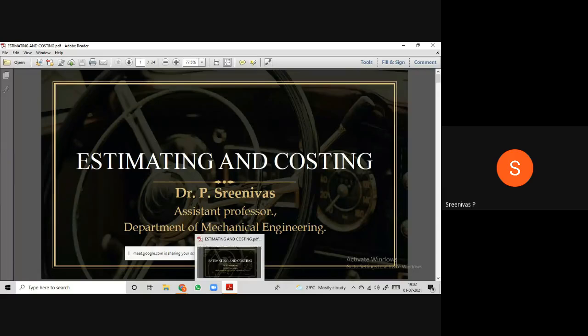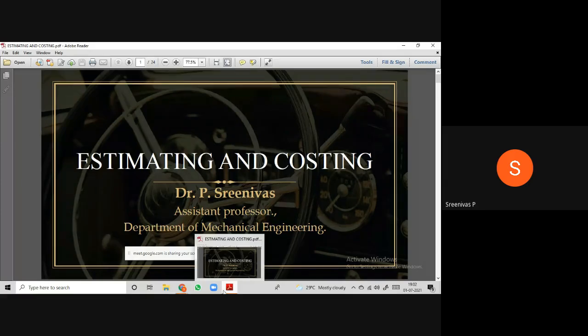Small component, for example, if you take the cost of a bolt and nut, we must estimate the cost initially. Suppose if you take a large component such as a vehicle, we must initially estimate the cost of the vehicle before launching it. So for this, there is a certain procedure. I think that this session will be useful for the mechanical students.